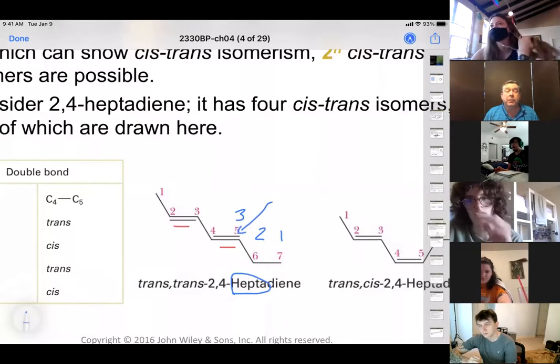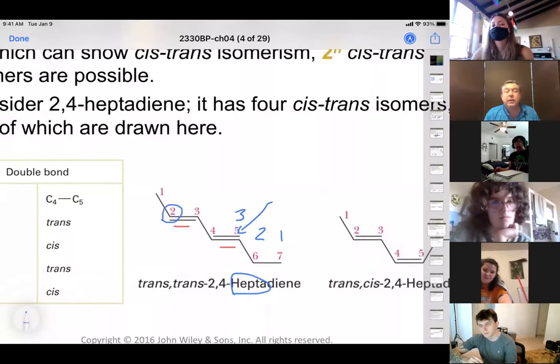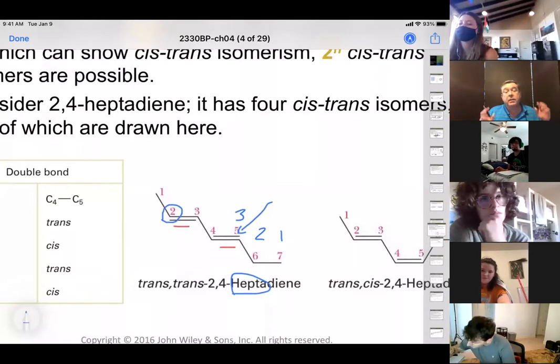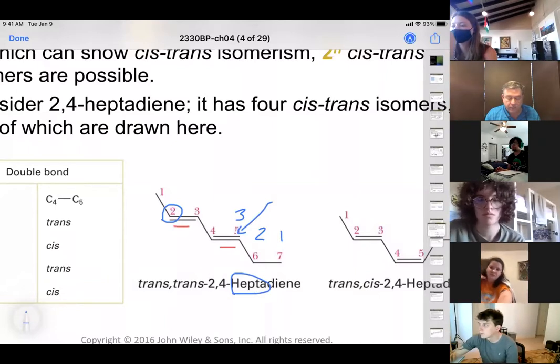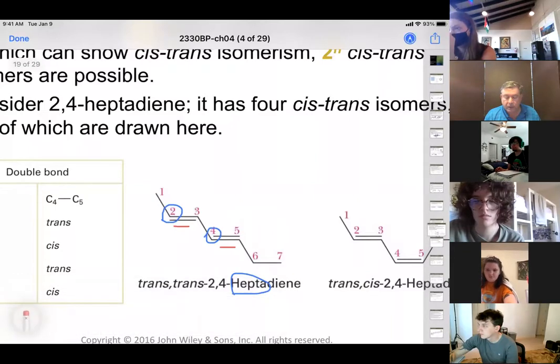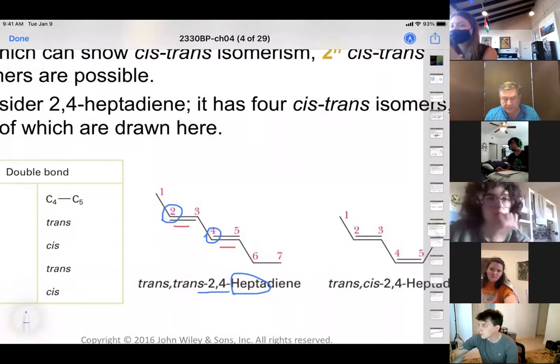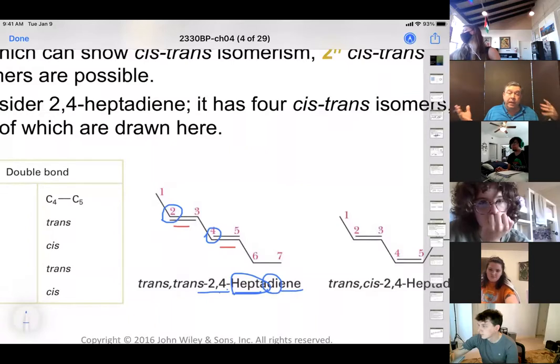So we're not going to number it from that side, because if we number it from the other side, our first double bond carbon is on the number 2. Okay. So now we have the first carbons of our alkenes on carbon number 2 and carbon number 4. That gives us 2,4-heptadiene. The di is just showing you have 2 alkenes, right?